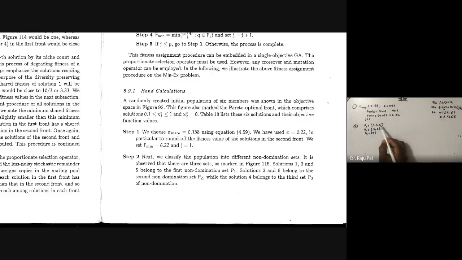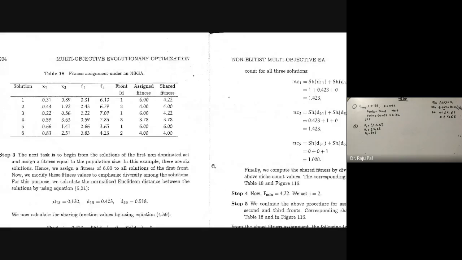So these are the 3 fronts based on the values in this table. We have 6 solutions, and based on these solutions we have also calculated the fitness F1 and F2. F1 is equivalent to X1 only because this is our definition, and F2 is calculated by this formula.